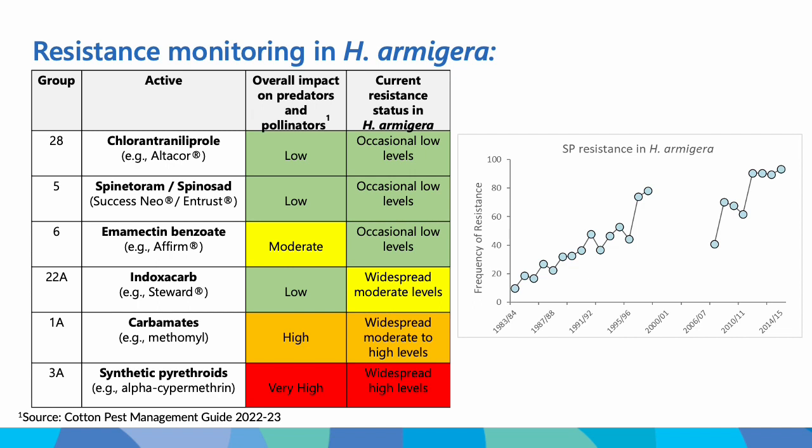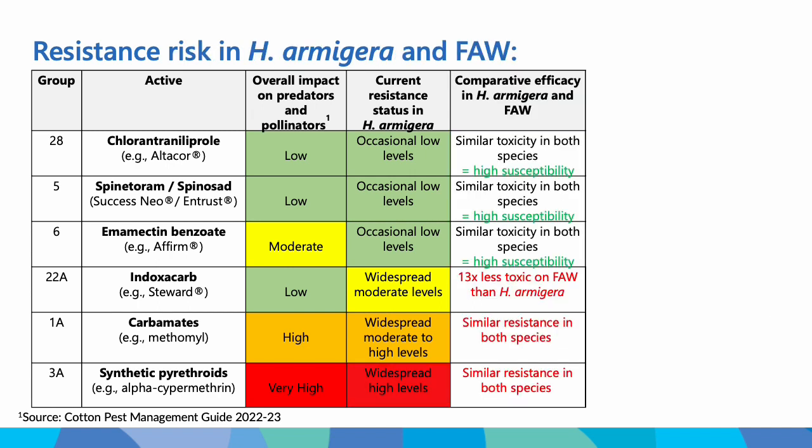So then we look to see how the resistance profile in armigera compared with that of fall armyworm. So for groups 5, 6 and 28 insecticides, we actually saw very similar levels of toxicity in fall armyworm and armigera. So both species have very high levels of susceptibility, so no evidence of resistance emerging to any of those insecticidal groups at this stage. Now, indoxacarb, on the other hand, is significantly less toxic on fall armyworm compared with armigera.